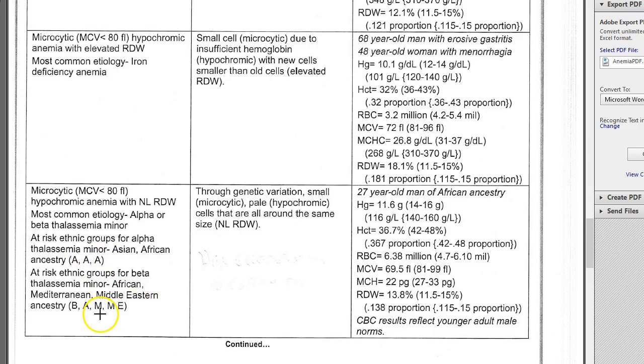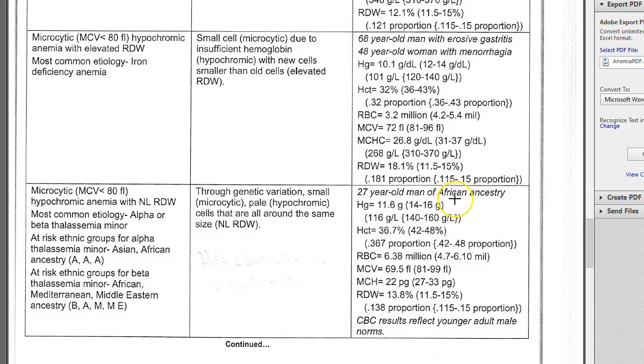For your beta, there's this BAM, which is going to be beta, and then African, Mediterranean, or Middle Eastern. So it's normally an inherited genetic variation.